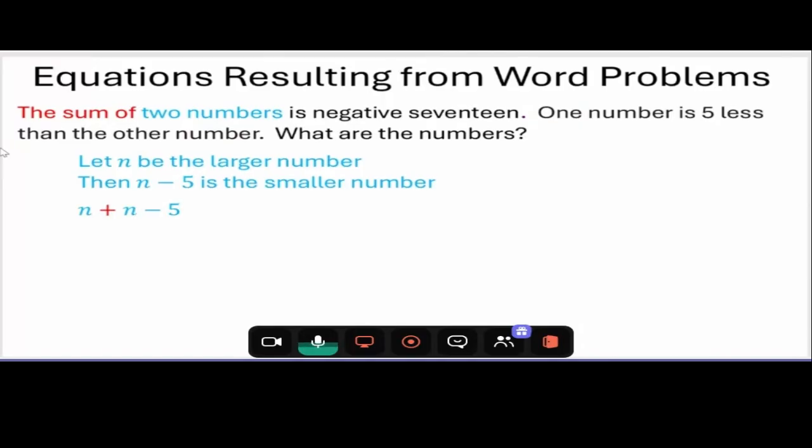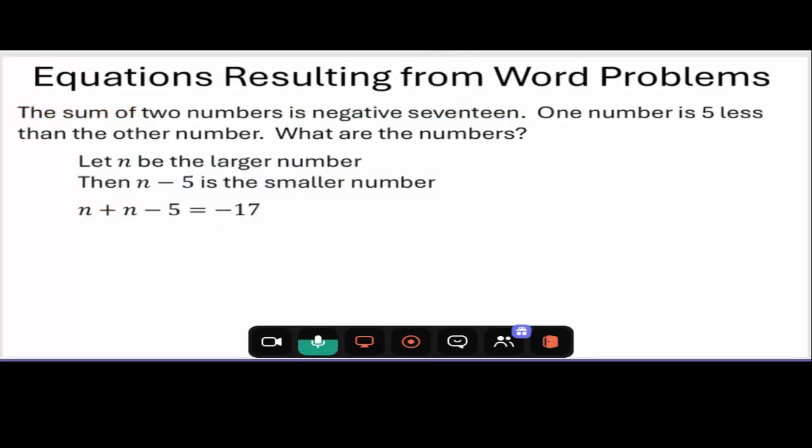The 2 numbers are n and n minus 5. Because that's what we set them up to be. Is, that means an equal sign. Negative 17 in green, like so. And there is our equation. The first number n, the second number n minus 5, added together is equal to negative 17.